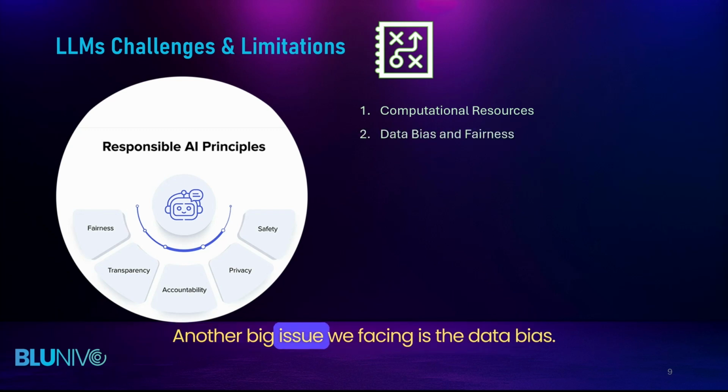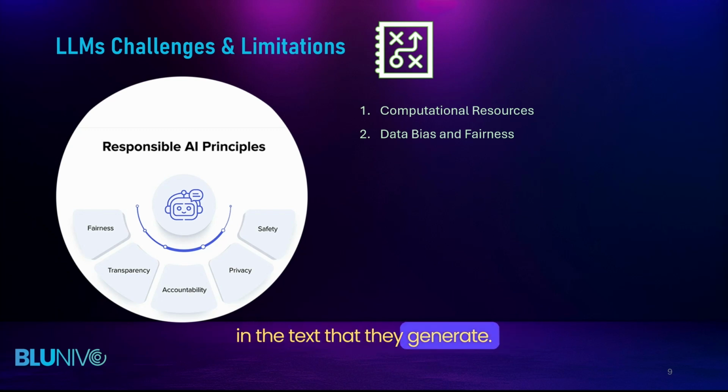Another big issue we're facing is data bias. Since LLMs learn from large amounts of data, they can pick up and even sometimes amplify biases present in the data. And this could give us unfair outcomes in the text that they generate.